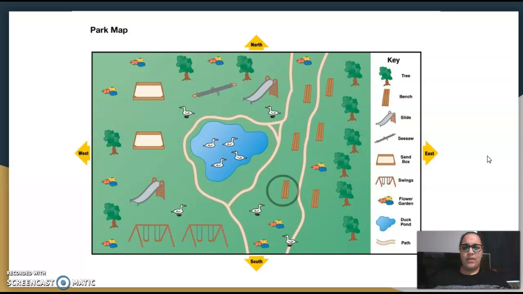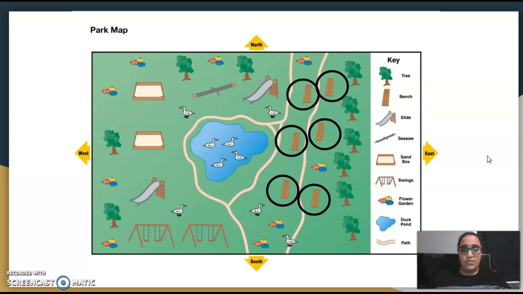Let's count them. 1, 2, 3, 4, 5, 6. Correct. Now, I should have said this before, but the way we know what is a bench is because the picture is right next to the word. So all we have to do is look for the picture and count them. That's how we know.